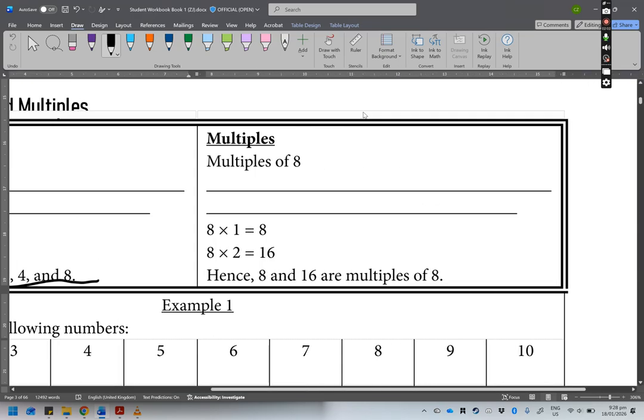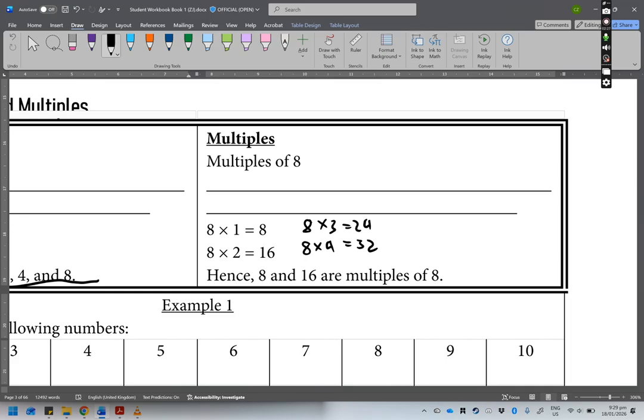And multiples of 8 move in the opposite direction. So multiples of 8: 8 times 1 equals 8, 8 times 2 equals 16, 8 times 3 equals 24, 8 times 4 equals 32, and so on.